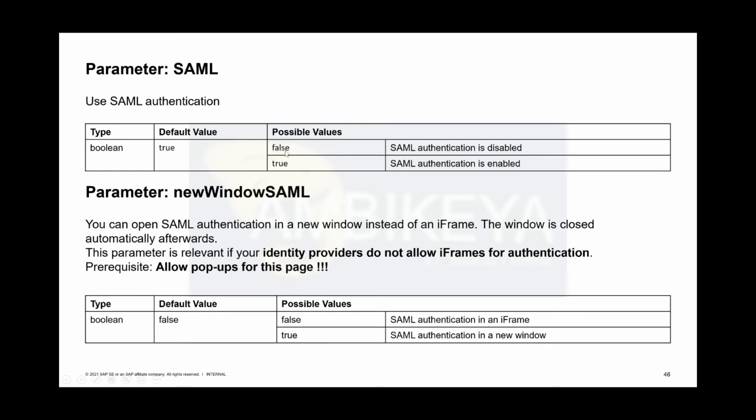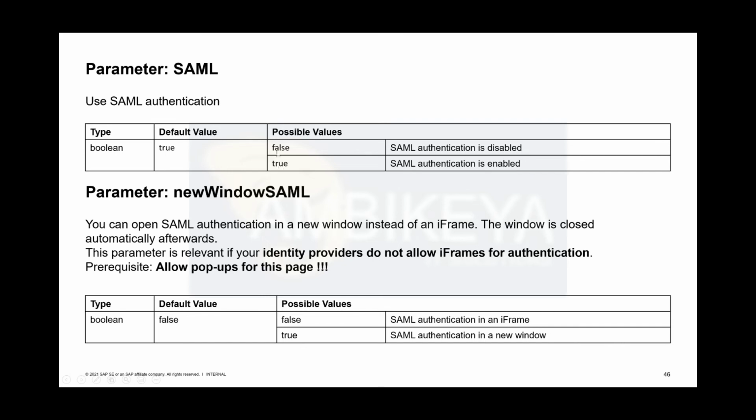Always keep in mind, I didn't put that on the slides explicitly: this is the parameter's name. If you put it in the URL, it's always help dash and then the parameter. I'm only mentioning the parameters here, skipping the help dash in front. So SAML, yes or no: single sign-on.